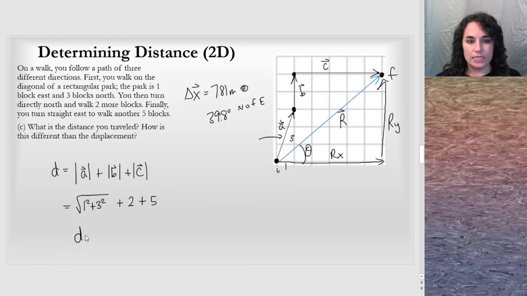You get the distance traveled to be 10.2 blocks when you run this through your calculator. And that's bigger than the 7.81, which we expected. Oh, that should be blocks. Okay, how is this different? So you're seeing how it's different. There's the actual path traveled, and then there's this displacement between.